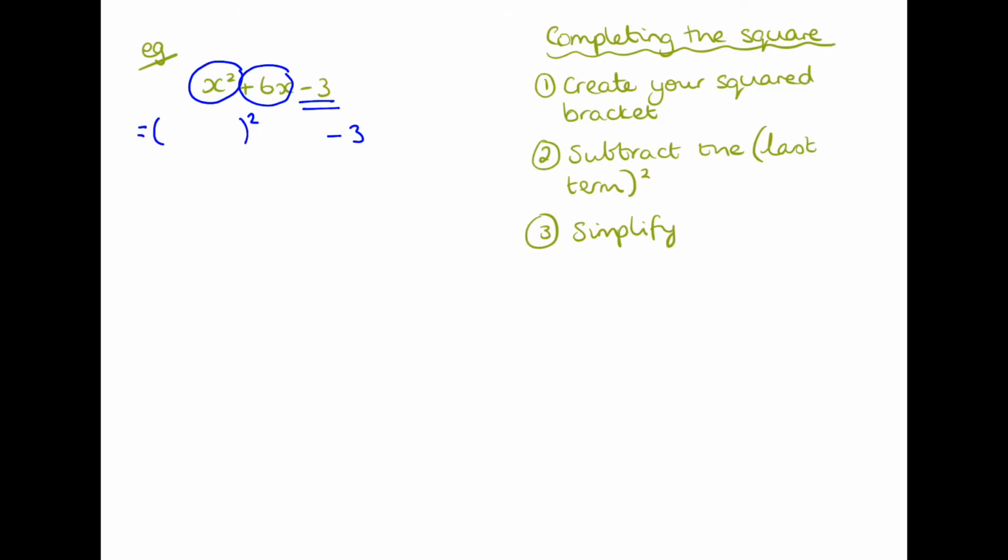We need to think about, when we're multiplying out a squared bracket, what would we have to multiply out so that our first two terms were x squared plus 6x. Well, remember, it would be x to give you the x squared, and then this term, remember, is that times that and doubled. So what we need to put in this space here is half of that. So that's going to be a 3.